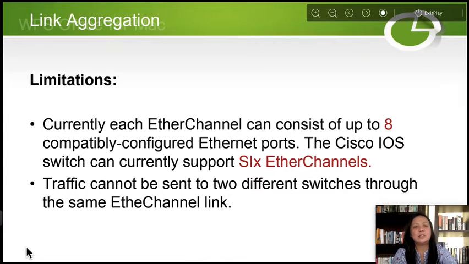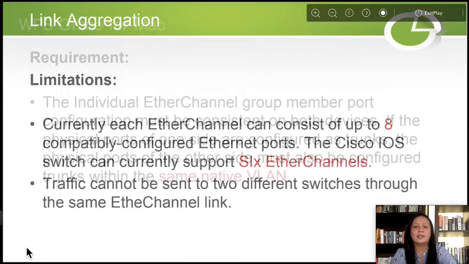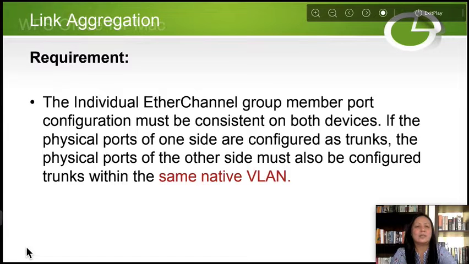The limitation in link aggregation is that currently each EtherChannel can consist of up to eight compatibly configured Ethernet ports. The Cisco IOS switch can currently support six EtherChannels. The traffic cannot be sent to different switches through the same EtherChannel link.